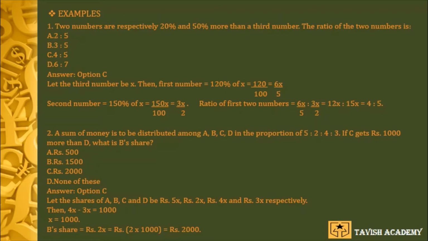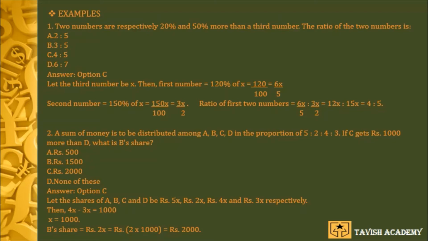Now, let us suppose that the third number is x. Then the first number will be 120% of x. Now we will remove the sign of percentage, so we will divide by 100. So 120 divided by 100 is equal to 6 upon 5. Therefore, 6x upon 5.